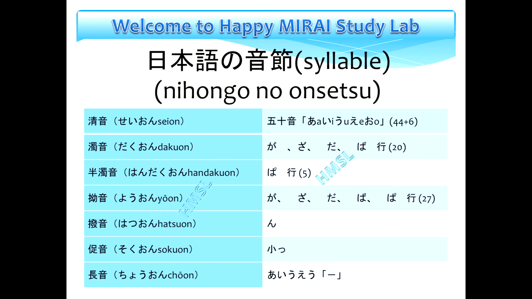I'm not sure whether this is the right English word. You need to extend the pronunciation. For example, the word choon itself. See the u? It is a long pronunciation. Choo-u. Here I purposely dragged it a bit longer to help you understand.